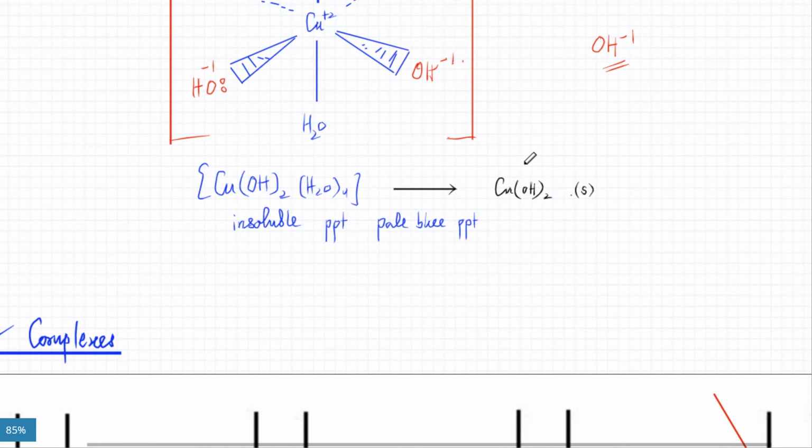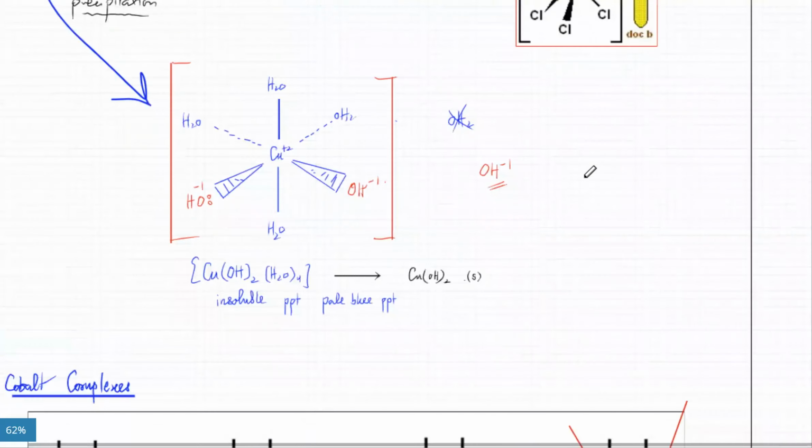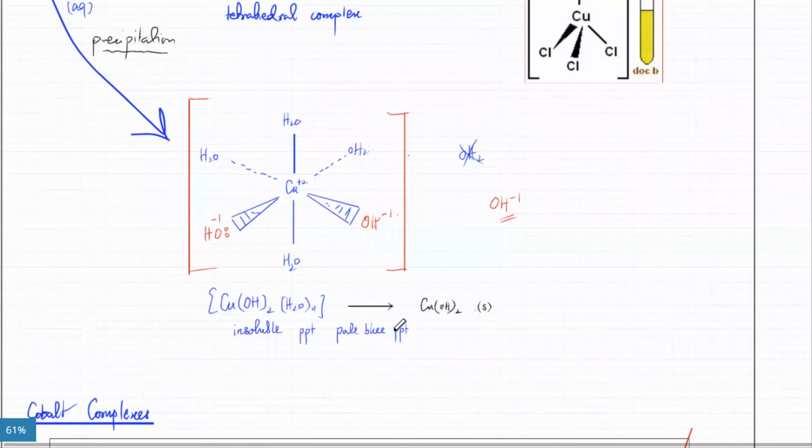So they leave the water molecules behind. Copper with OH ions becomes a neutral compound, and it no longer attracts water molecules anymore. So it turns into copper hydroxide, which is a solid precipitate. So this is known as a precipitation reaction, because the water molecules eventually drop off, because copper 2 plus with 2 OH minus 1 is now a neutral compound. So it would no longer attract the water molecules and it would turn into Cu(OH)2.